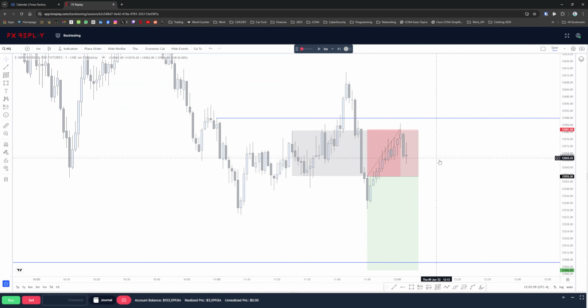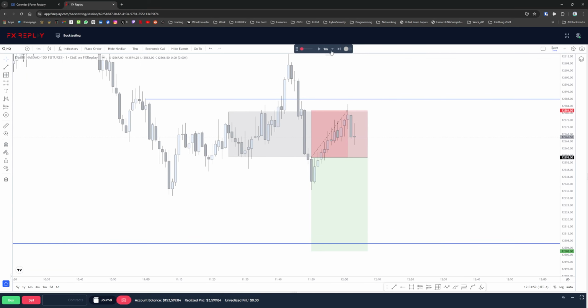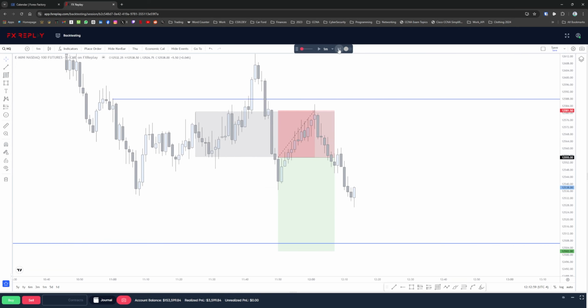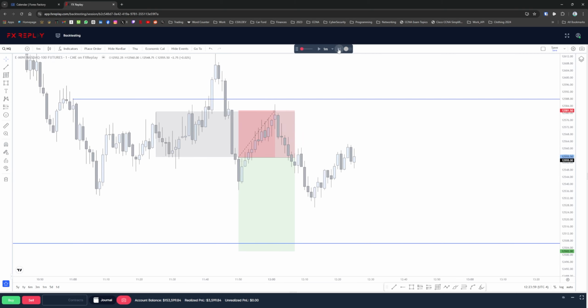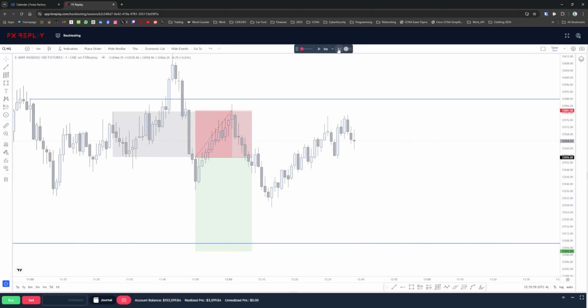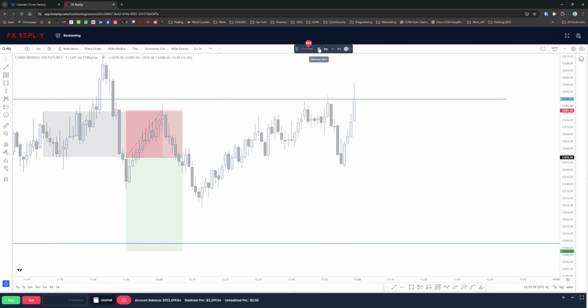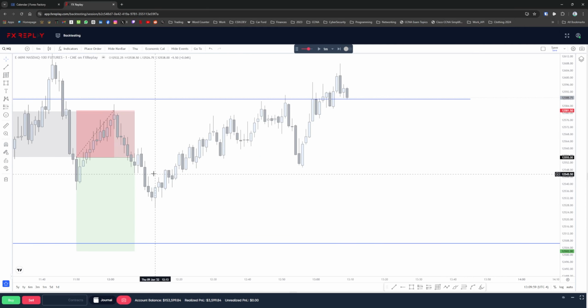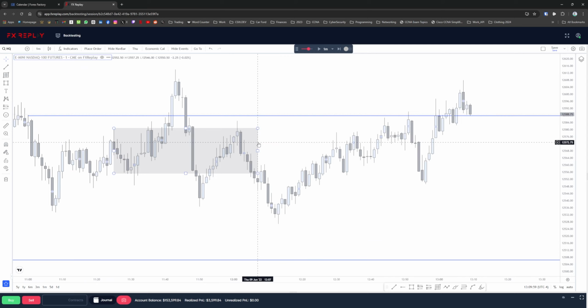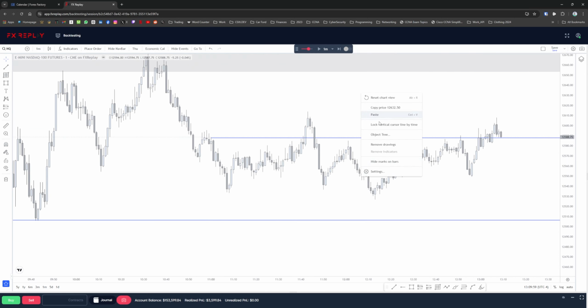Straight to stop. And look where it's going. Yeah. That's why I wouldn't have taken it, and I wouldn't probably just be done for the day.